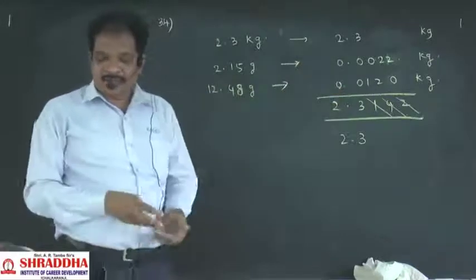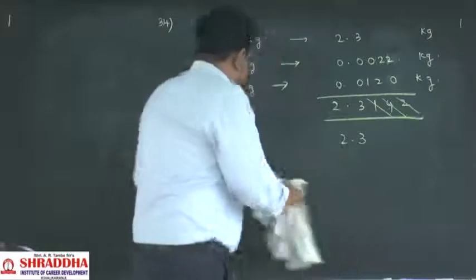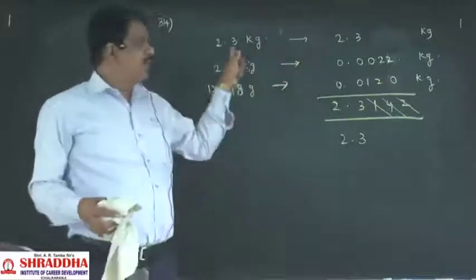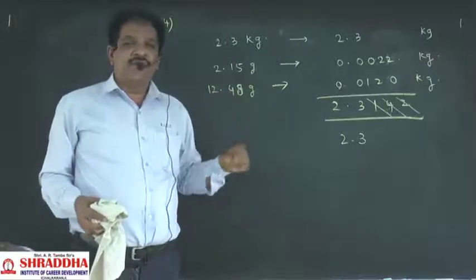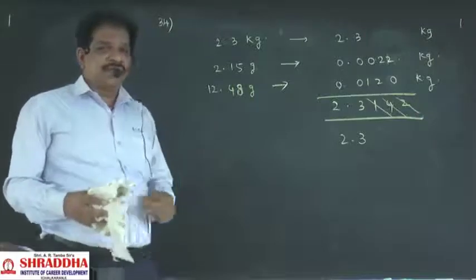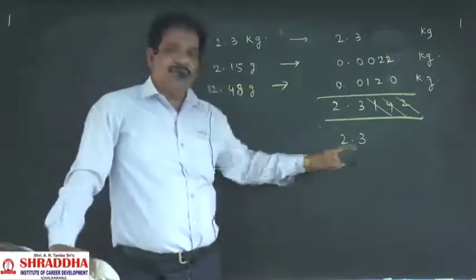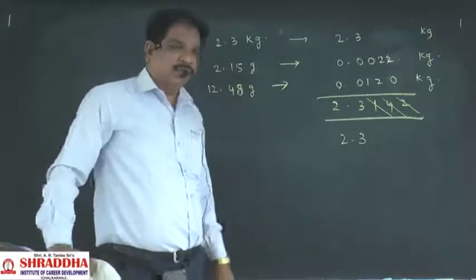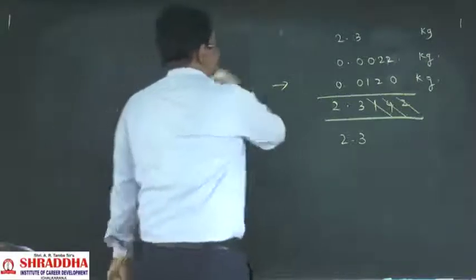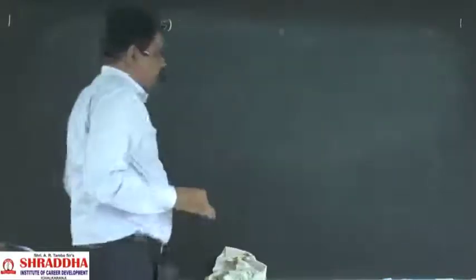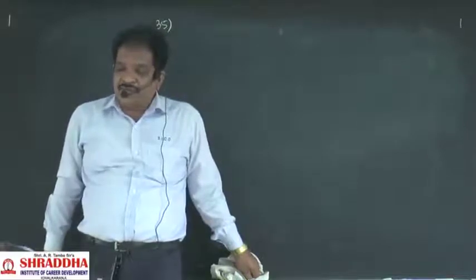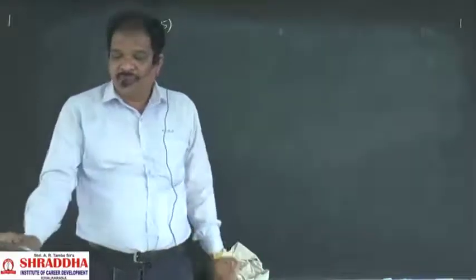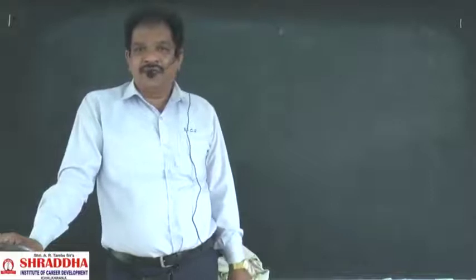Clear? Next. 35. So are you getting the idea? For this 2.3 kg, if we add very small masses also, according to significant figures, effective mass will again be equal to 2.3. Okay? Next. 35. What they are asking, see, number of significant figures in 0.010200, it will have 5 significant figures.